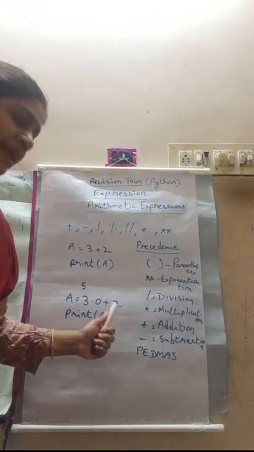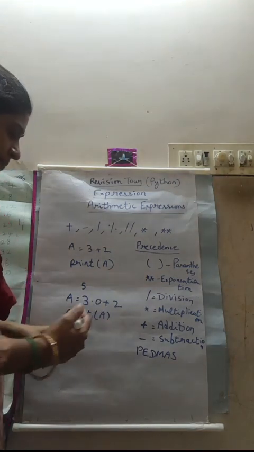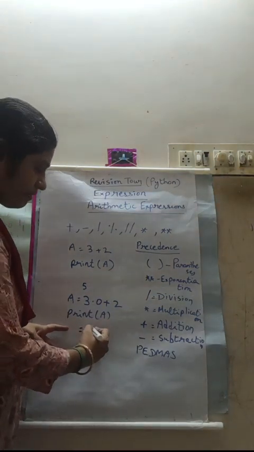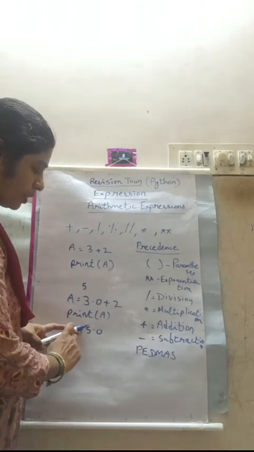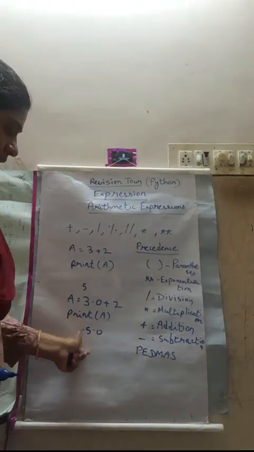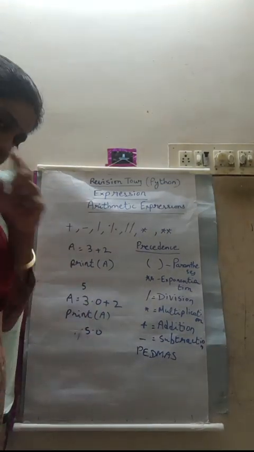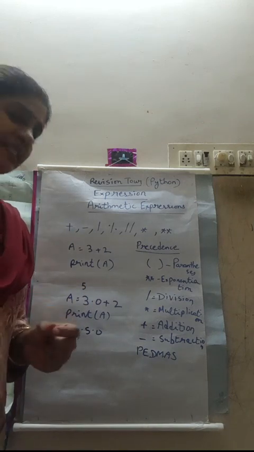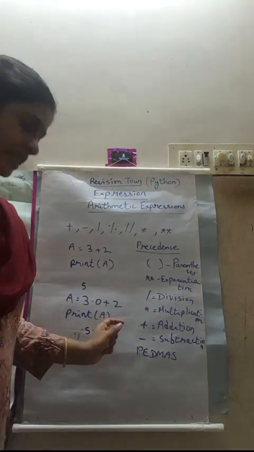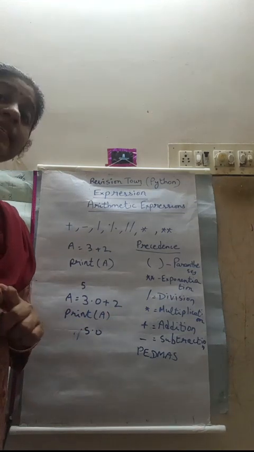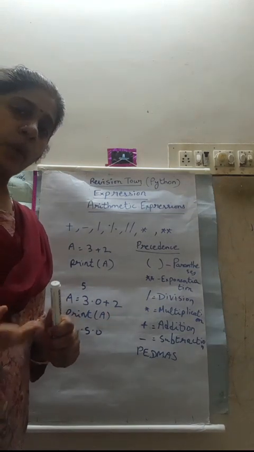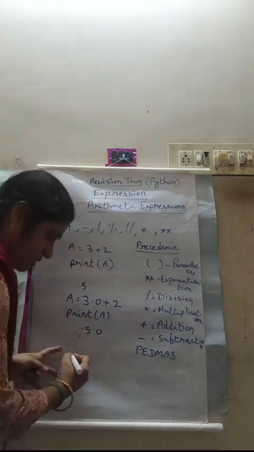So ultimately the output would be 5.0 because Python is converting 2 to floating point. So this is called type promotion.